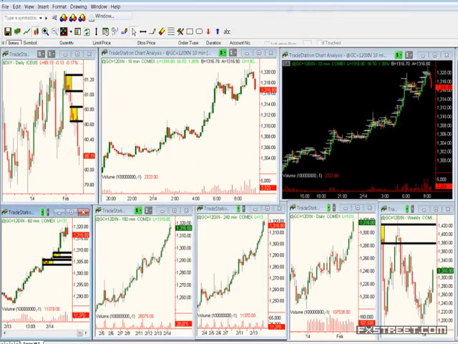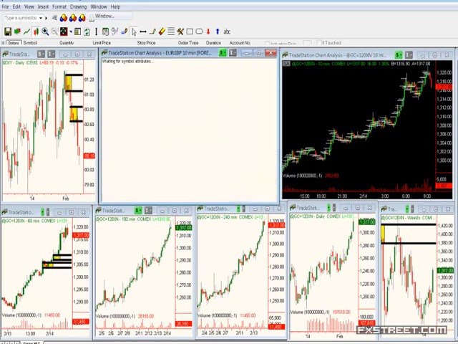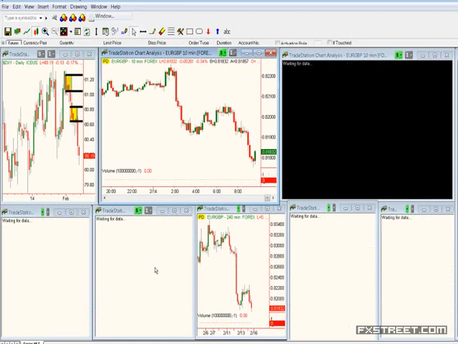I see someone else wants to look at euro on a 4 hour. Is that correct? Let me scroll up here. Euro pound 4 hour. Here's a market we don't look at too often.